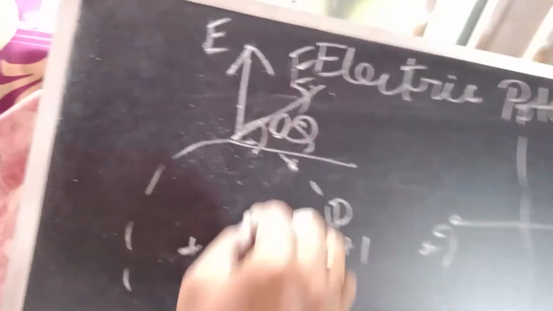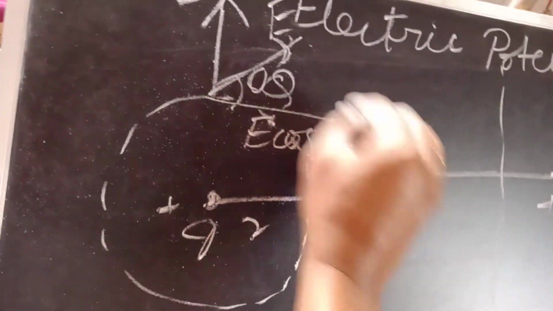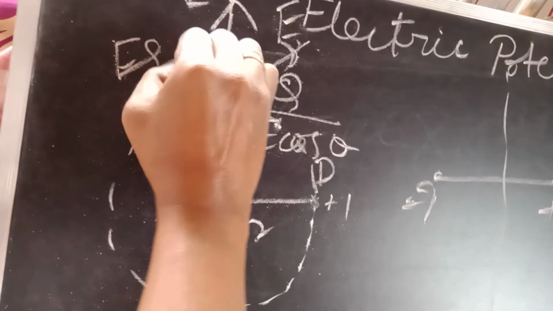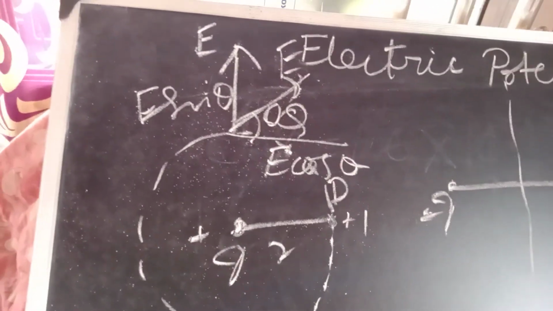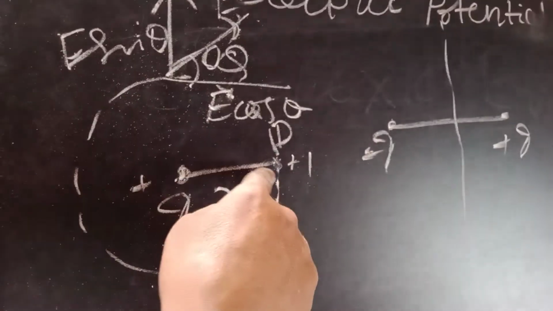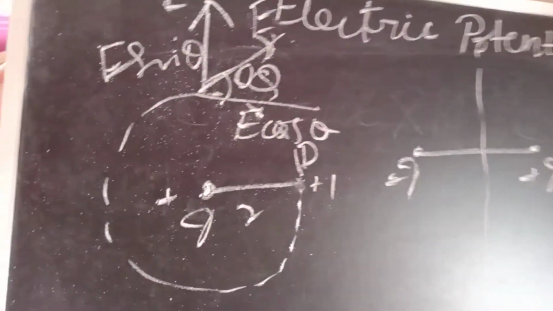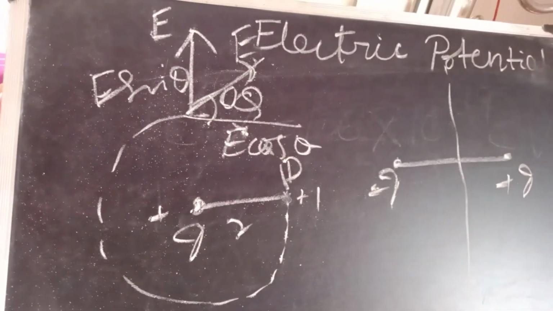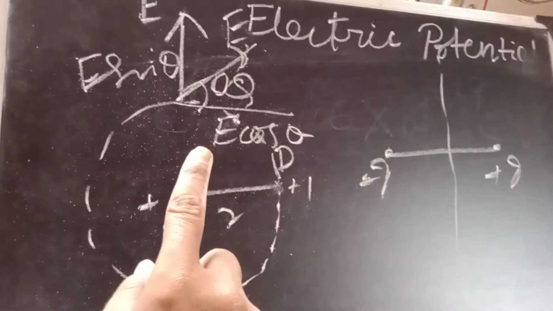We get two components of the electric field, E cos theta and E sin theta. Now we know that the work done in bringing a charge from one point to another on an equipotential surface is 0.